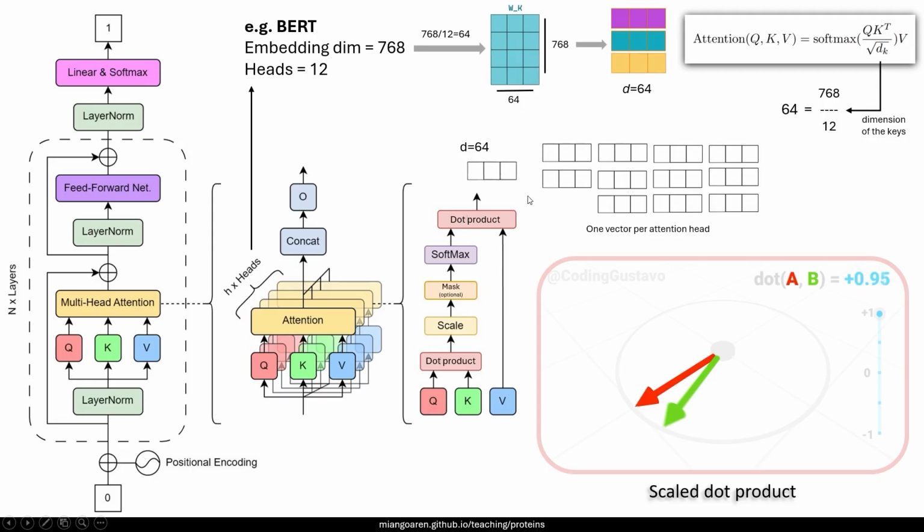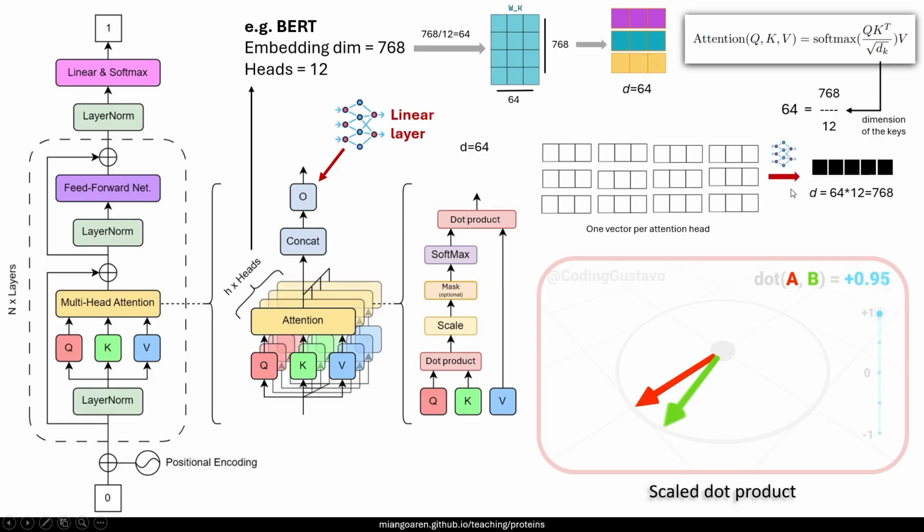And then, if in this case BERT uses 12 attention heads, we have 12 vectors of this type, and what happens at this level is that they have to be concatenated, and eventually they are passed through another linear neural network that simply combines the information, so that now, if we have 12 vectors each of 64 dimensions and we concatenate them, we have a final vector representation of 768 dimensions, which is the original dimension with which BERT represents the embeddings.